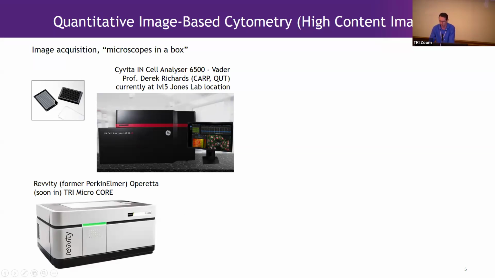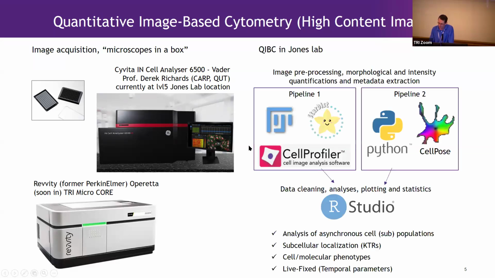We do our immunofluorescence in these plates, put them in these machines, and do acquisitions of thousands of cells. In good experiments, you can get 500,000 or 1 million cells from these plates. The really powerful step, just like Shiv said, is the image analysis.